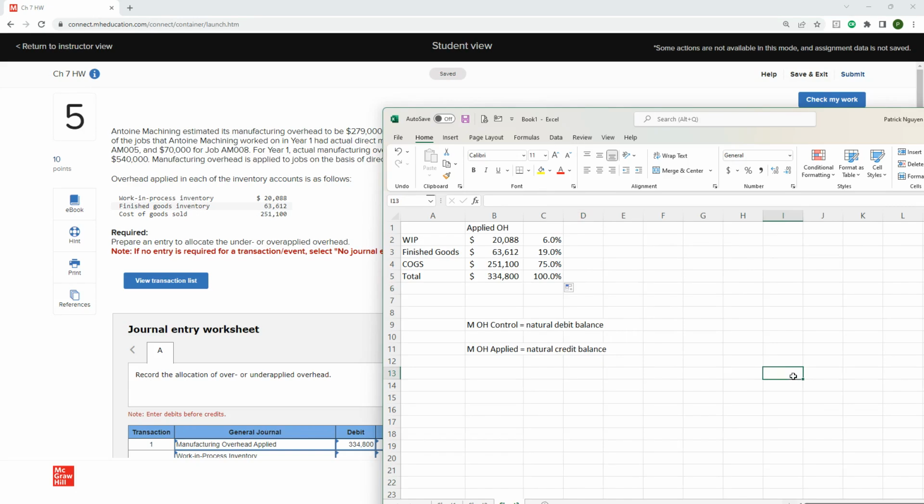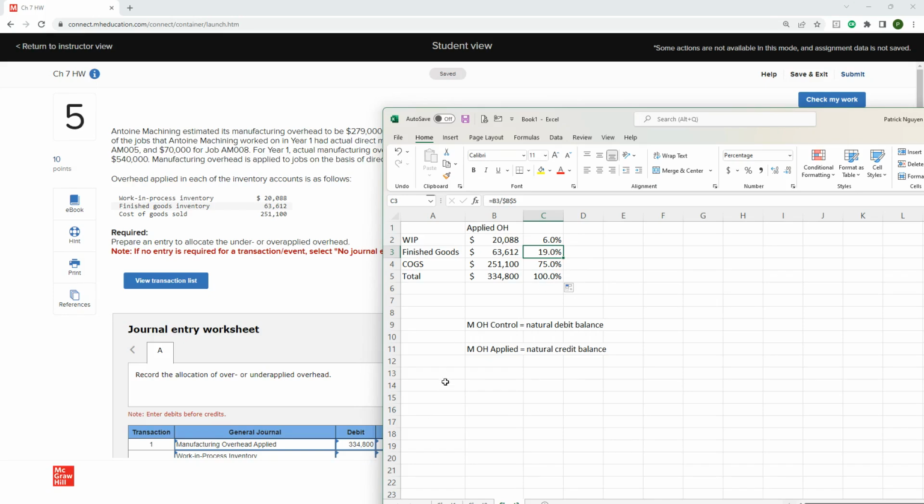So for our over-applied overhead, we're also going to take the same percentage out of every one of these accounts. So if you recall from the prior question, we had applied overhead of $334,800. We had actual overhead of $313,000.